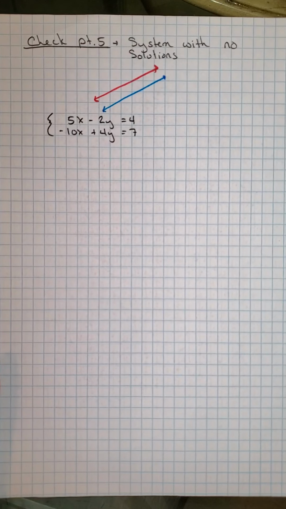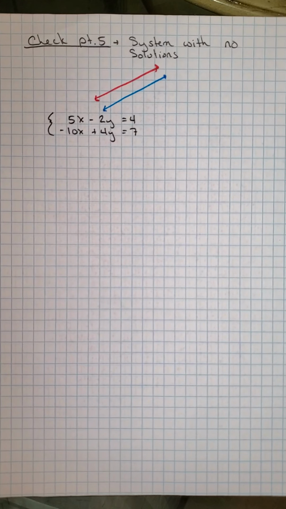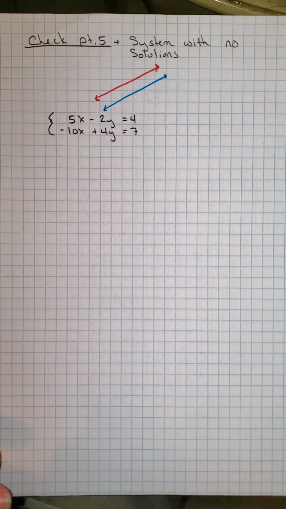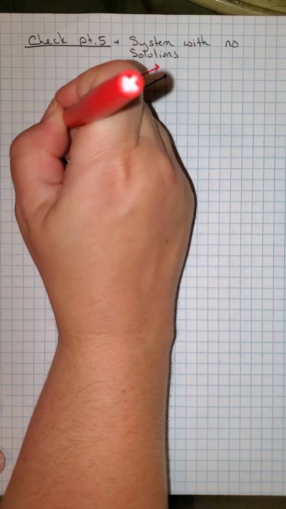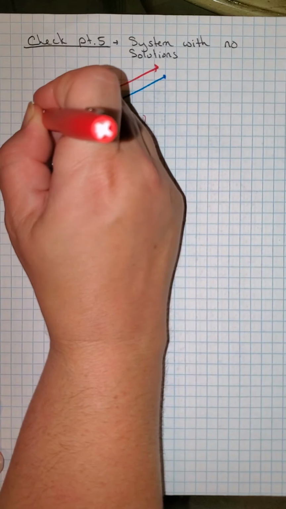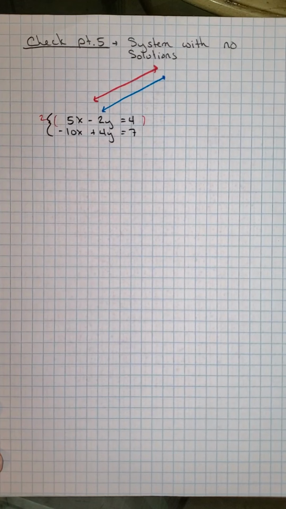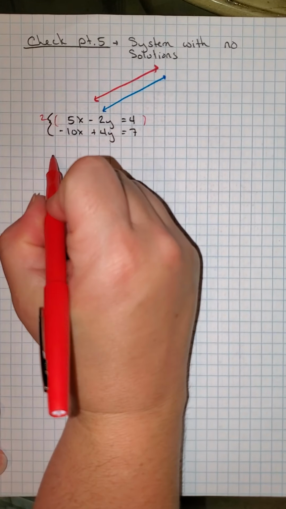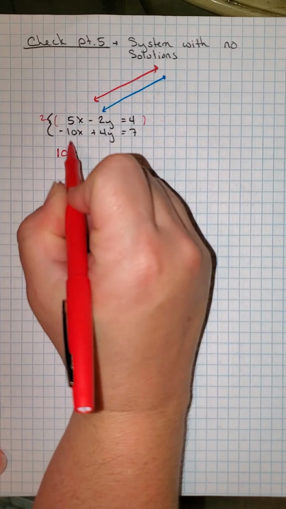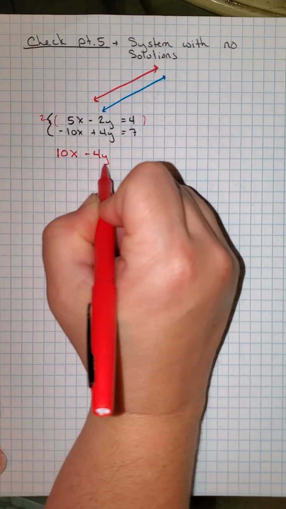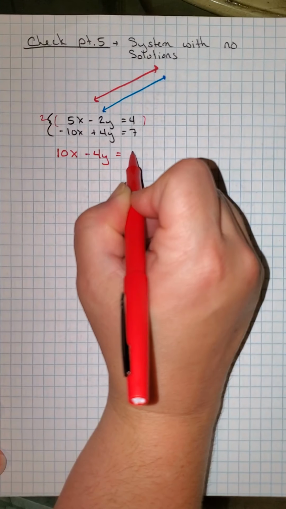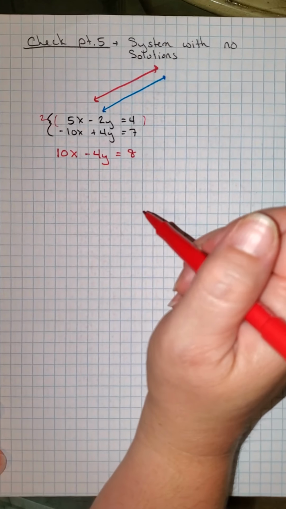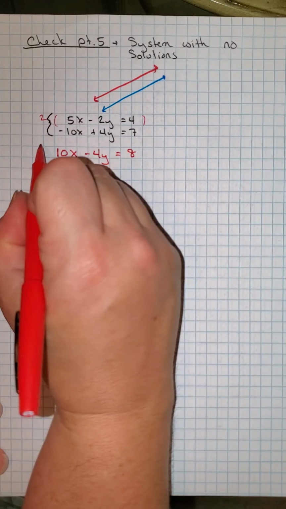So immediately I think elimination, because you could multiply that first equation by 2. And just looking at the x's, you would have a negative 10 and a positive 10. But what's going to happen when you distribute that 2, you also are going to get rid of your y's. But what's important is what happens after that, whether you have a true statement or a false statement.